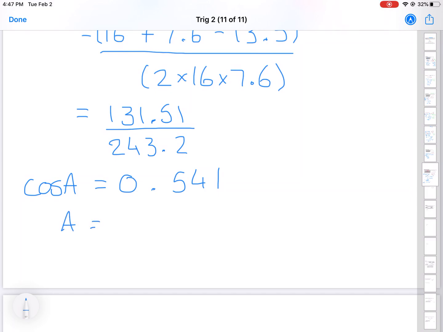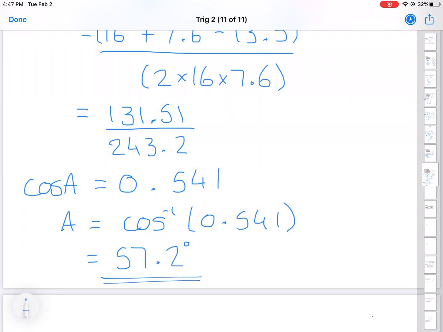Therefore A is cos to the negative 1, the inverse of cos of 0.541. You will find this in the calculator in the same way as you did the sine. Shift cos should come up with cos minus 1 and 0.541, pop that in and we get an answer of 57.2 degrees as our angle.